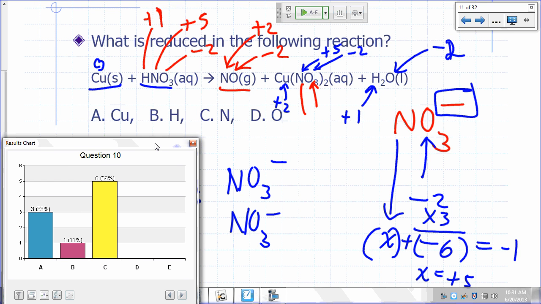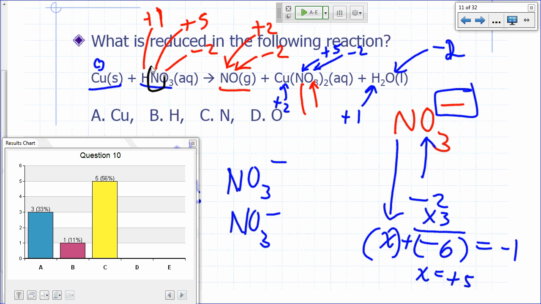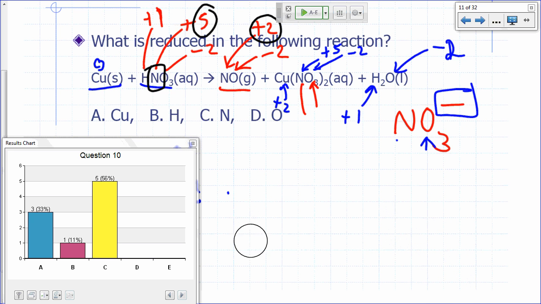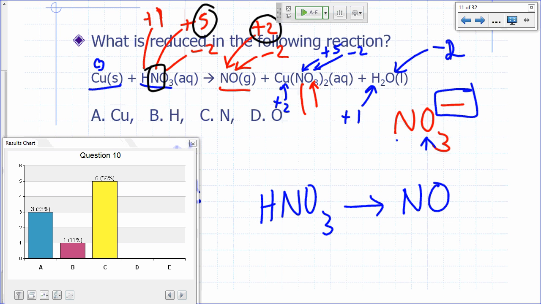The nitrogen went from +5 here, okay, to +2 over here. So you say HNO3, the nitrogen in HNO3 got reduced to NO. So that's reduction. Okay?